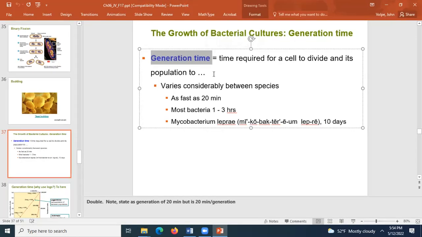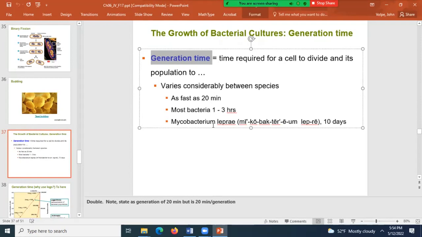The generation time varies greatly between species. It can be as fast as 20 minutes, but most bacteria take from 1 to 3 hours to double, meaning their generation time is 1 to 3 hours.